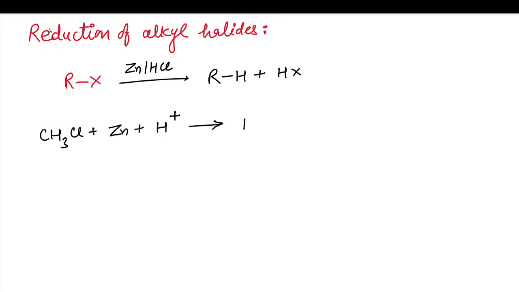So we get methane, as one hydrogen is attached, and zinc goes into Zn2 plus, and Cl as negative one. So this is the product formed.